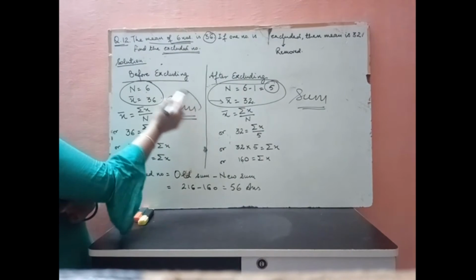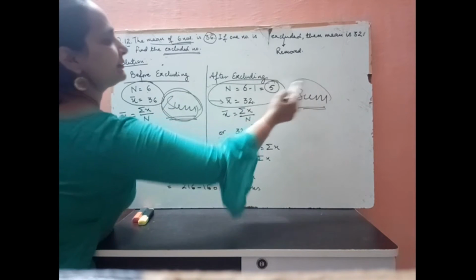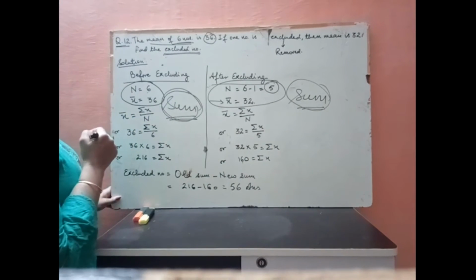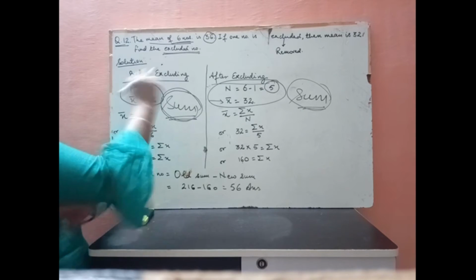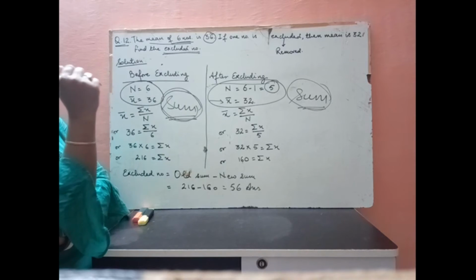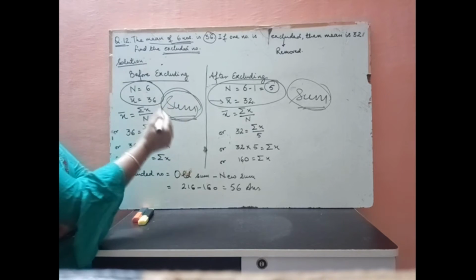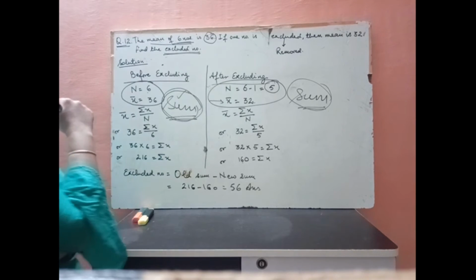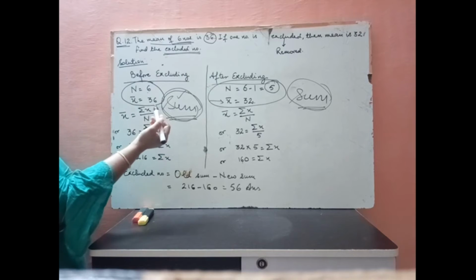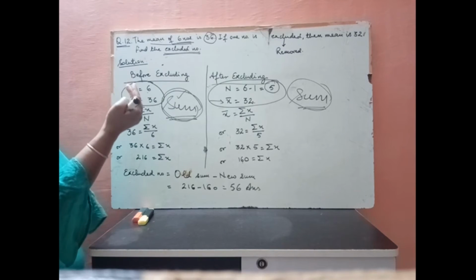That means if we find the difference of this sum and this sum, we will find the excluded number, or we can say the excluded number is equal to the difference of these two sums. That means old sum minus new sum. In this way, we will find the sum on this side and this side also. For both the cases, we will find the sum and then we will find the difference. That difference will be equal to the excluded number.